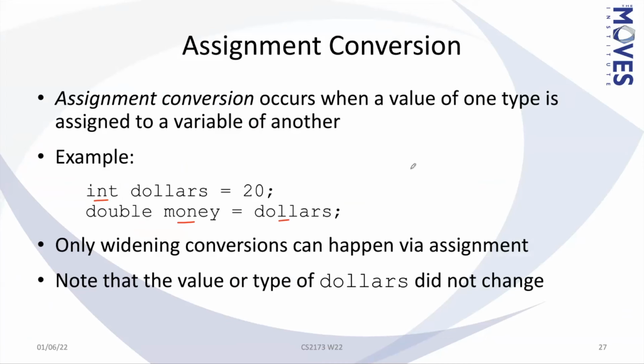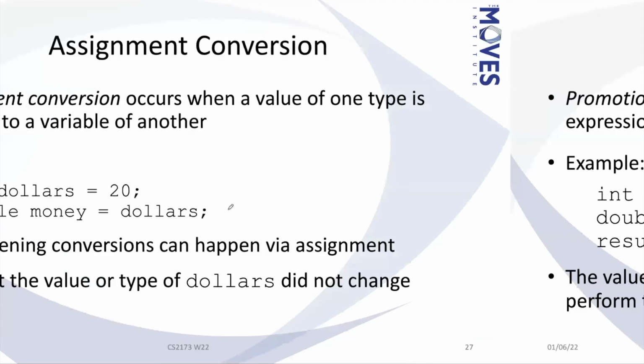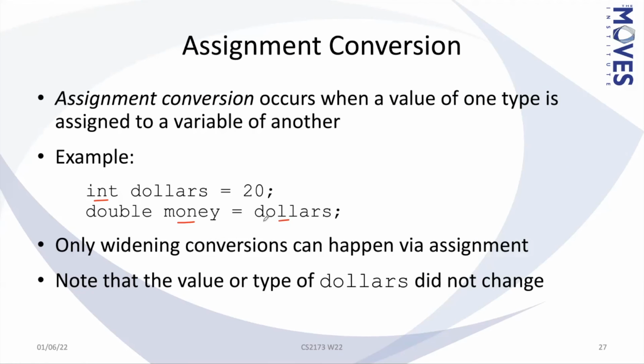The criterion is: can an assignment be guaranteed to be successful? In this case, it can always be successful because a double can always represent the double equivalent of an integer value or a long value for that matter. Now, the variable money is still a double. Once you declare a variable to be a particular type, you cannot change it to anything else.